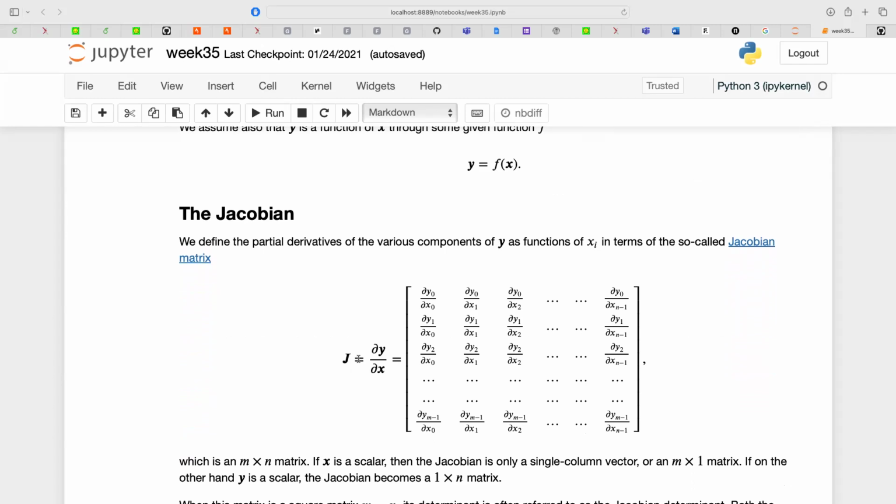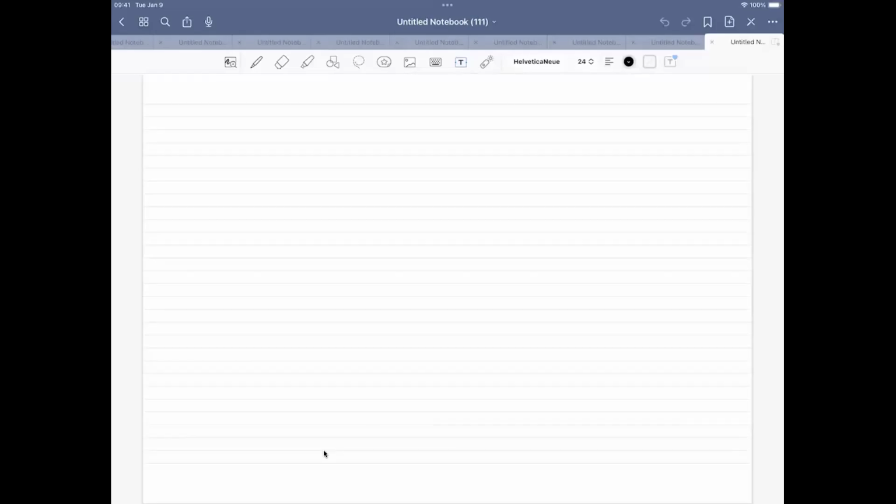So let's just switch over to the whiteboard so that we have that immediately. And take a look at these quantities in more detail. So what we are going to have is a function, and this function could be a vector.